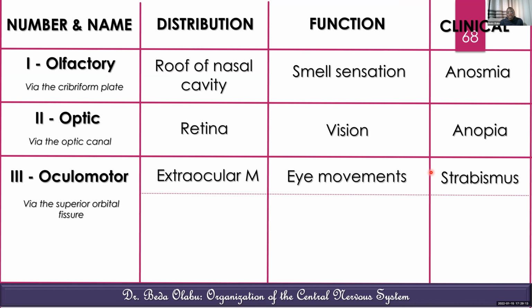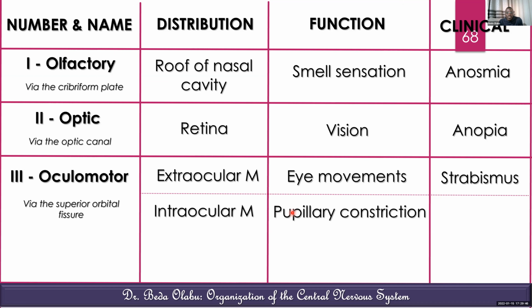However, the oculomotor nerve does not just supply the extraocular muscles only. The extraocular muscles are skeletal muscles, so they are under voluntary control. The oculomotor nerve also supplies the muscles which are inside the eyeball. Remember, these are smooth muscles, so they are under involuntary control. The particular intraocular muscles I'm talking about here, the muscles in the iris, are the ones that control the size of the pupil.